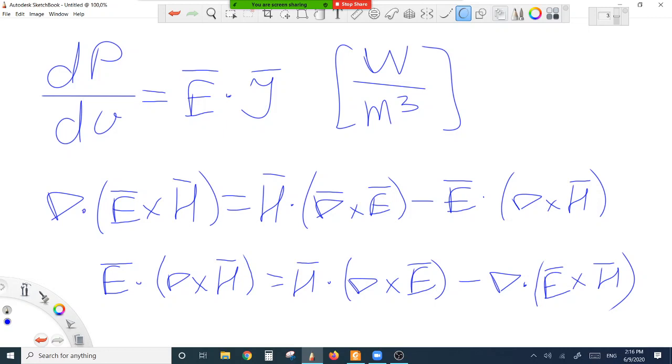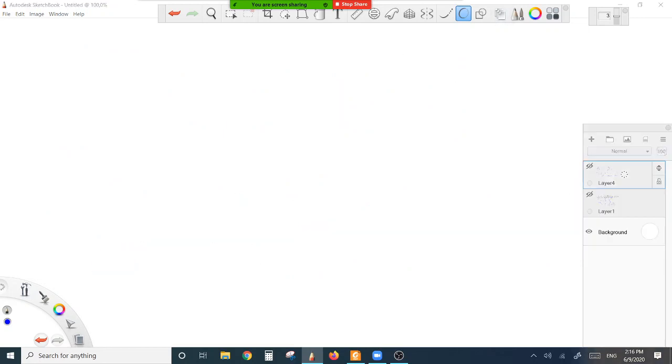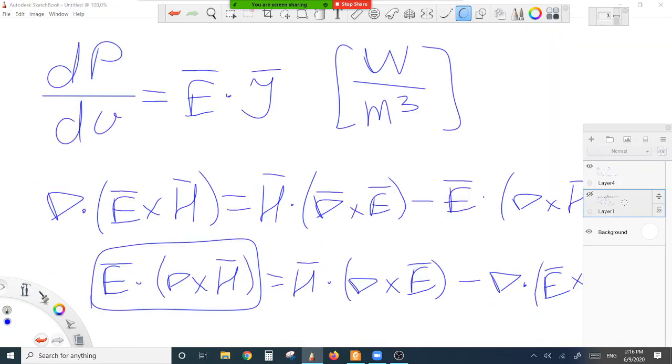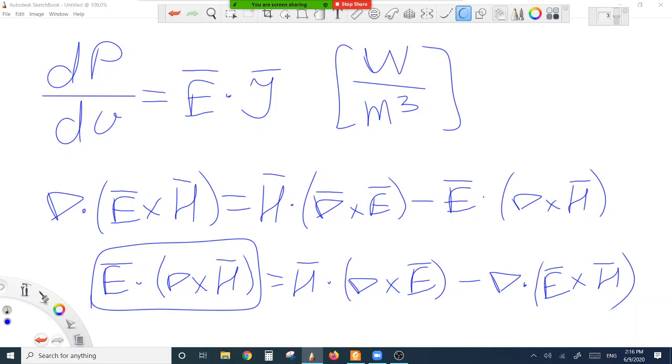This term is exactly the left hand side of our equation, and it means that these terms can also be thought of as representing power densities.